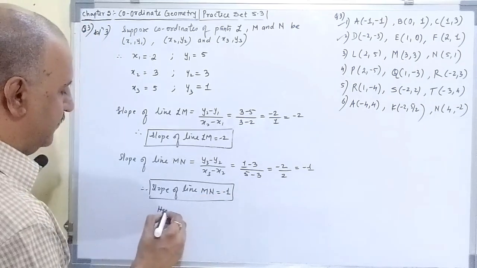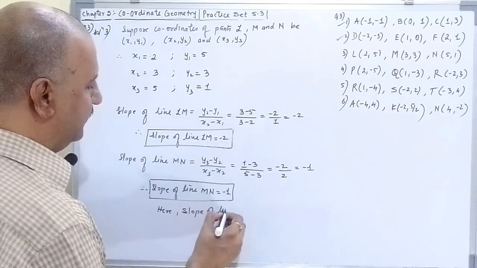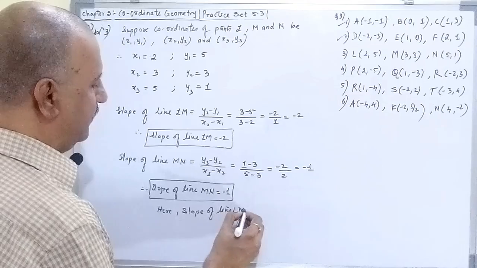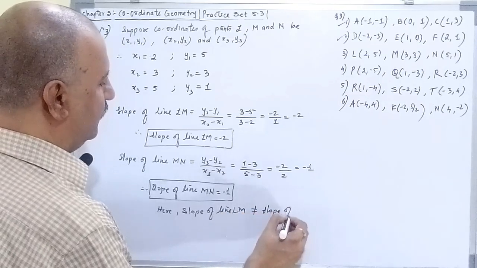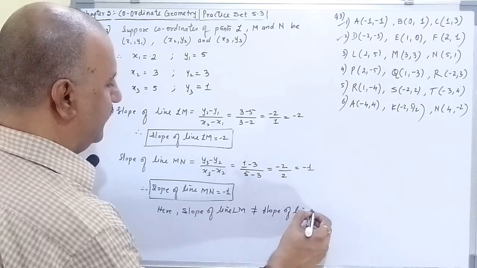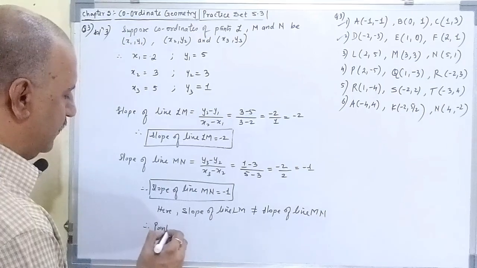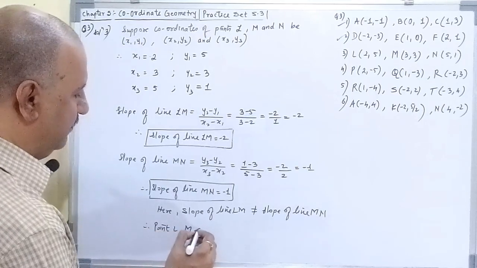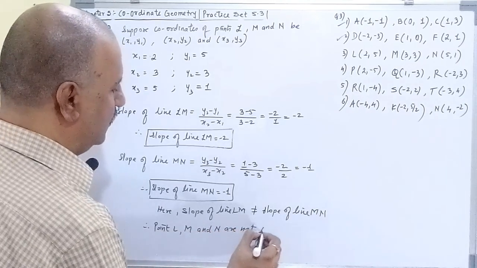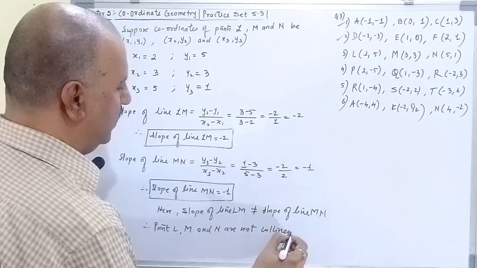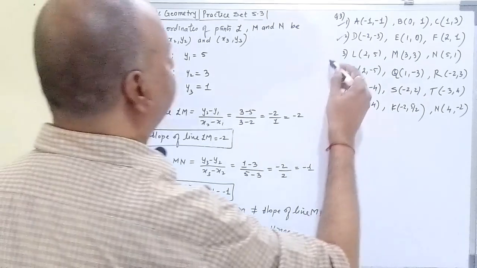Here, slope of line LM is not equal to slope of line MN. Therefore, points L, M and N are not collinear. The third is done.